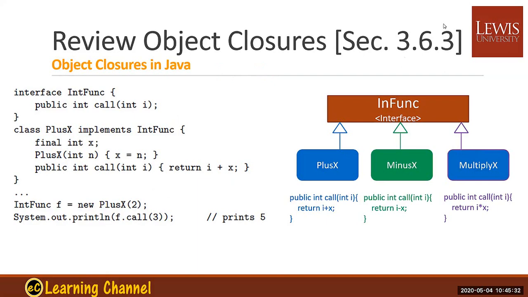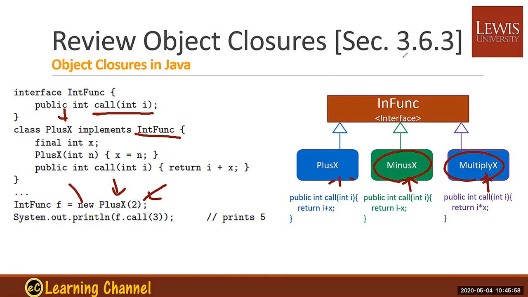We create a plusX object. The plusX object implements the function interface, and the function interface has a call function. So we have plusX, minusX, multiplyX, three different functions. These can be put into a plusX object, minusX object, or multiplyX object.